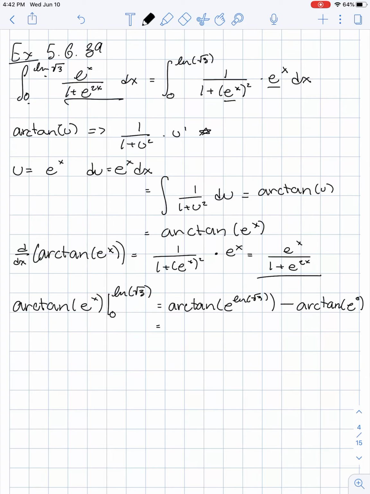Well, e to the ln of square root of 3 is just the square root of 3. So arctan square root of 3 minus arctan of e to the 0. Anything to the 0 power is just 1. All right. So arctan square root of 3.